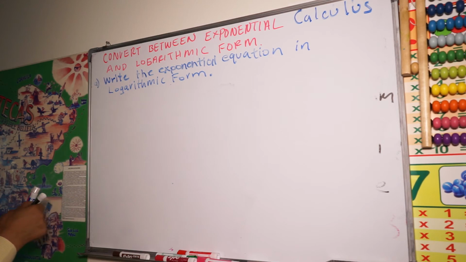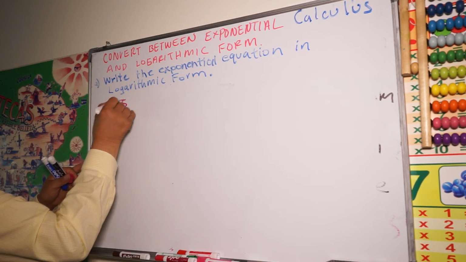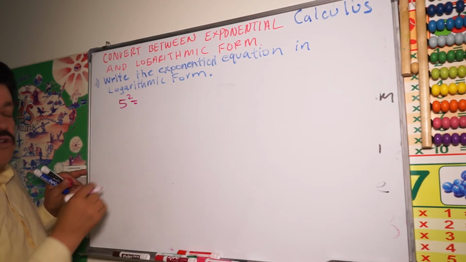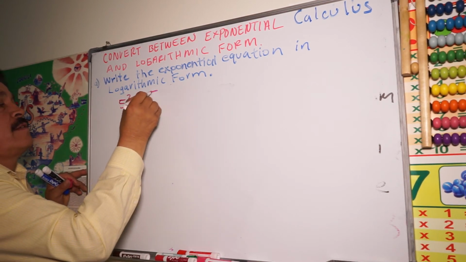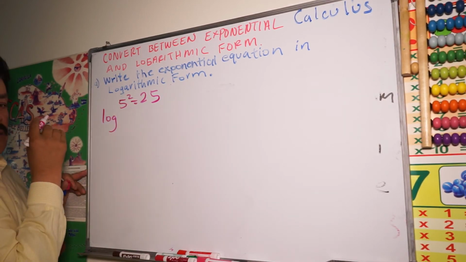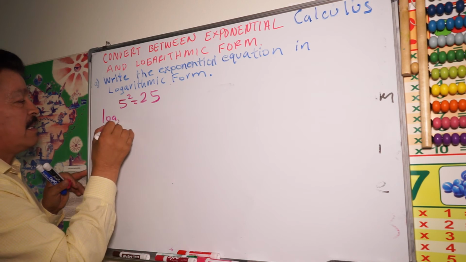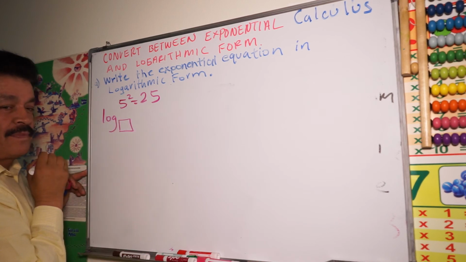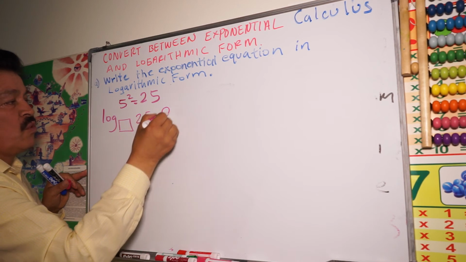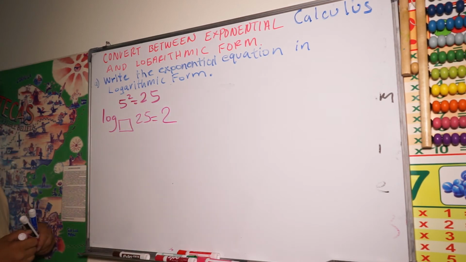Let's write 5 to the second power equals 25, right? Easy. So find log base 5 of 25 equals 2. That's the problem.